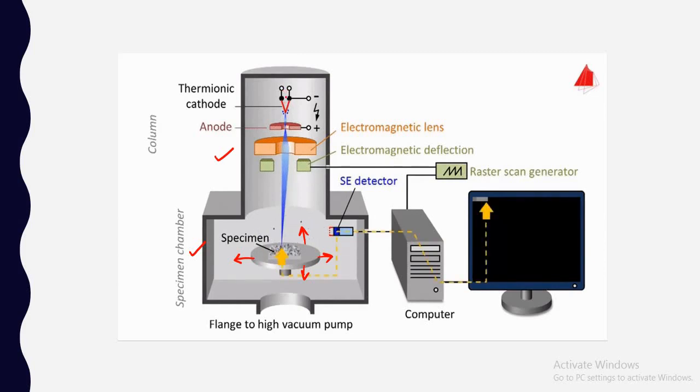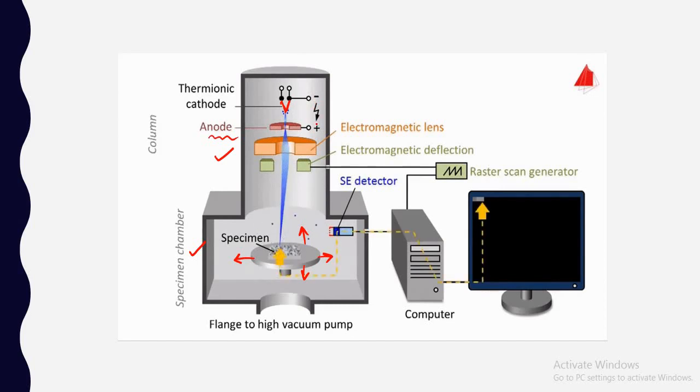Then right here in the column, you have this V-shaped tungsten wire, which is also known as the thermionic cathode. When high electricity is provided here, the electrons get released from this cathode. Down the cathode, you have another metallic plate, which is known as the anode, which has a positive pole, and the cathode is a negative pole.